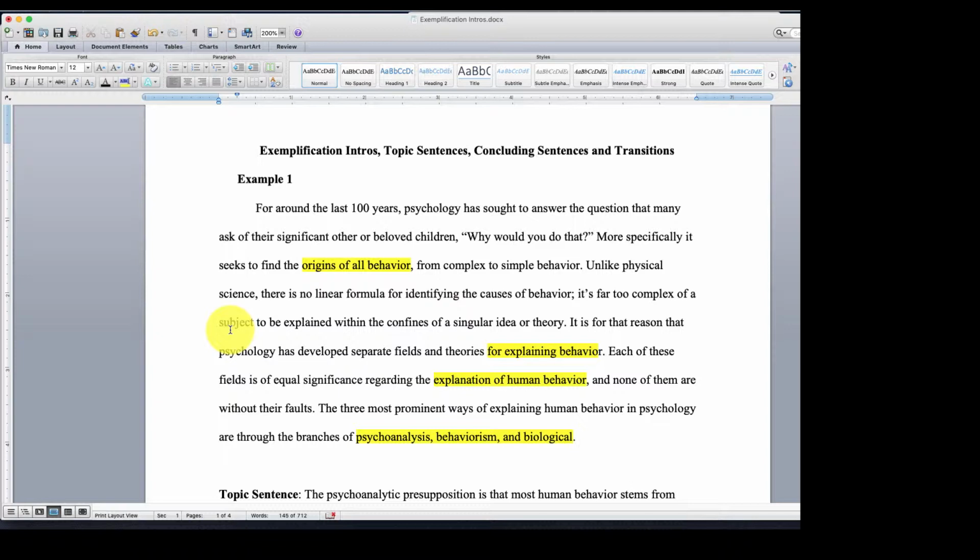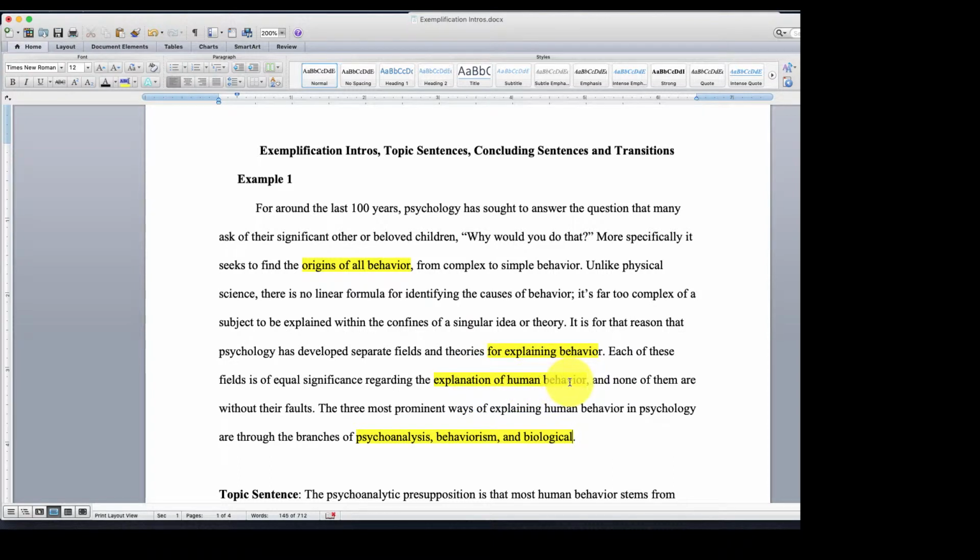So if you look at this, obviously this is someone in human services. He's going into the field of psychology. So we have a little bit of background information about psychology, about the topic. Then it kind of gives a reason why it's necessary to look at various types of branches of psychology. And then really the thesis is kind of in here, that it is an explanation of human behavior.